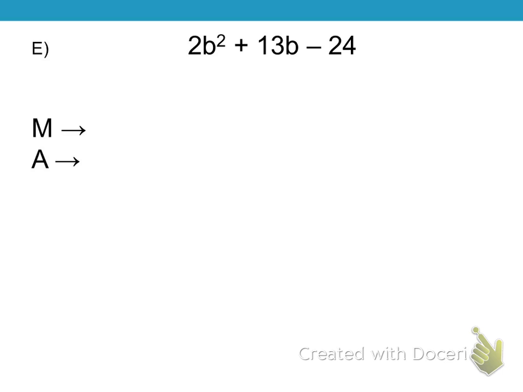So the 2 times -24 is -48, and then our middle term, 13, gives us our A. You've got to multiply the first times the last, basically. 2 times -24: a positive times a negative is a negative.